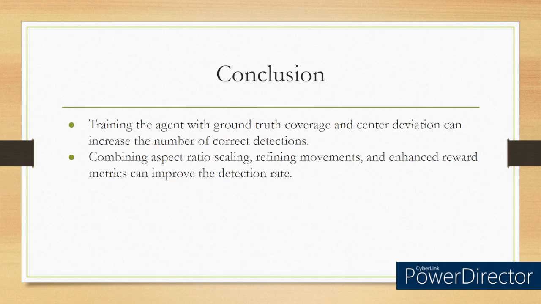By using GTC and CD training, the agent can increase the number of correct detections. Additionally, combining aspect ratio scaling, refining movements, and the enhanced reward metric can improve the detection rate.